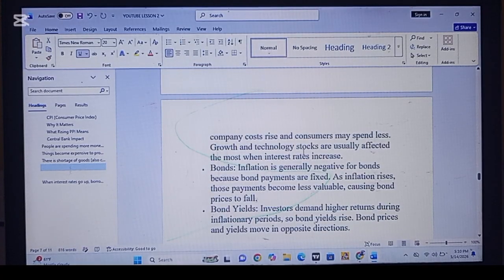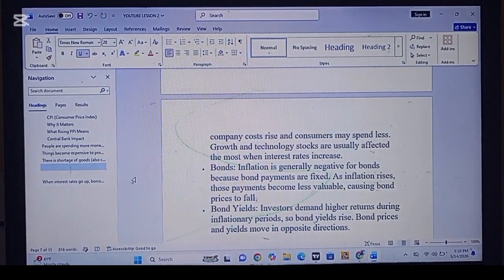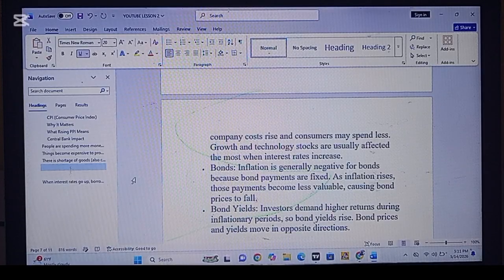Growth and technology stocks are usually affected the most when interest rates increase. You'll come to see why most stocks fall when we have high inflation, because of the high interest rates, and how high interest rates are very unfavorable for business.